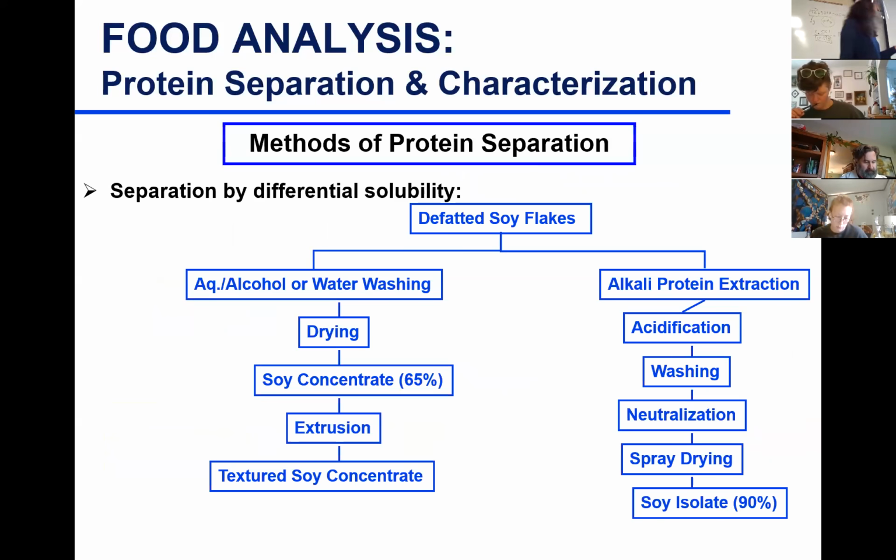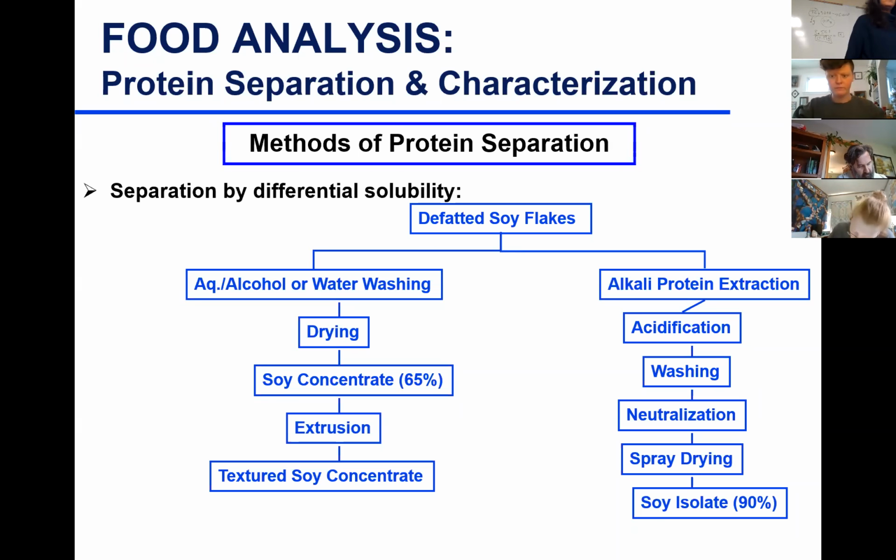So, a couple of minutes before we end, this is an example that is done in industry to produce soy protein concentrate and soy protein isolate. So two different ingredients. We get defatted soy flour. It's very important to start with a defatted flour before protein separation, because the fat interferes with the separation.